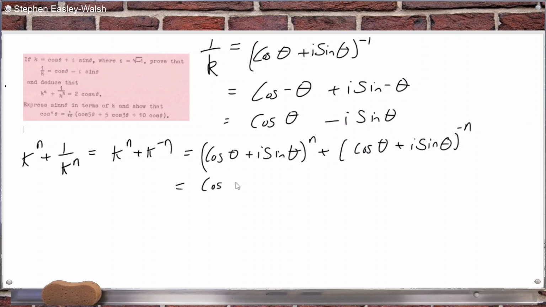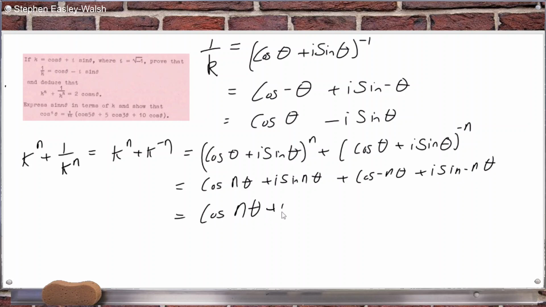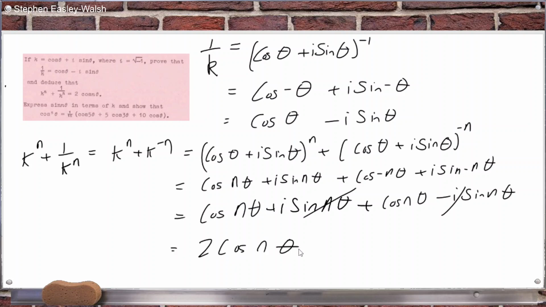So that's cos n theta plus i sine n theta plus cos minus n theta plus i sine minus n theta. That's cos n theta plus i sine n theta plus cos n theta minus i sine n theta. Cancel, cancel, and you're left with 2 cos n theta. So that takes care of the second part of the proof.